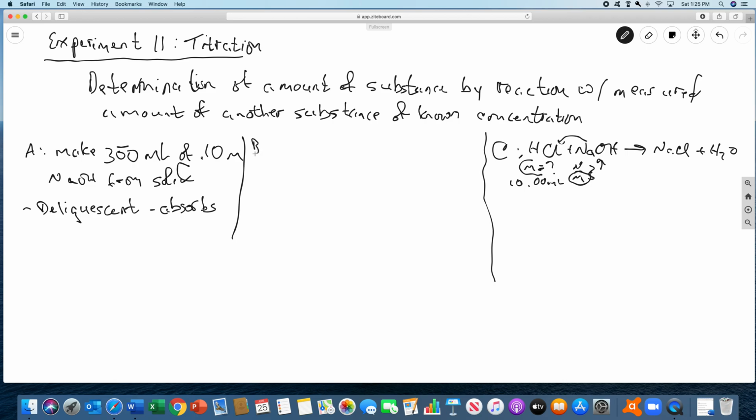In part B, what you're going to do is standardize the sodium hydroxide. And the way you standardize is you titrate it against, we use the word against, but you're going to react it with a standard. And a standard is simply something that you can determine the number of moles very easily.